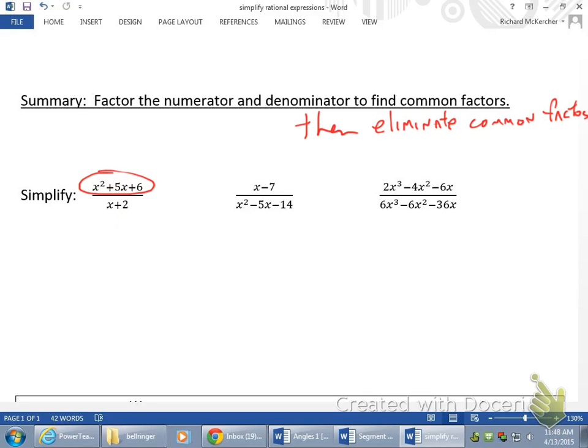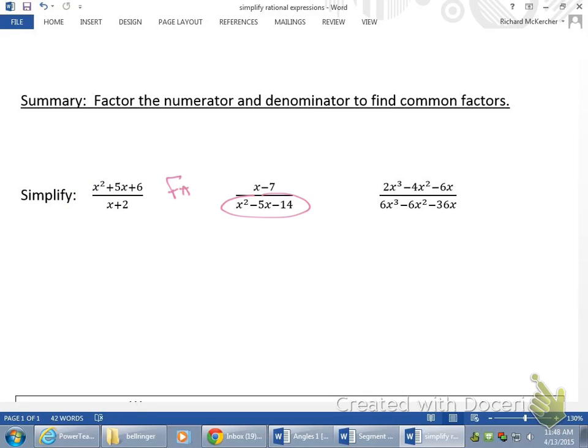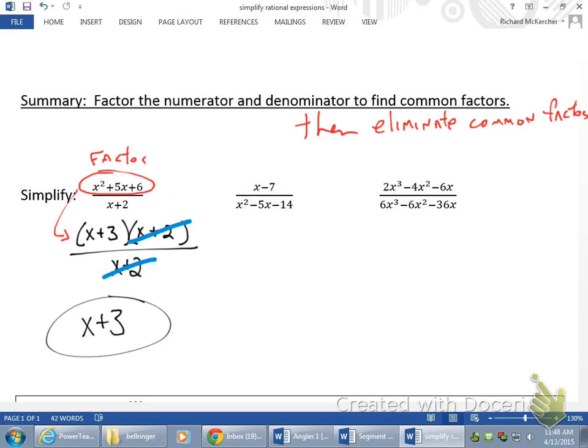So on this example here, we're going to factor the numerator. And the numerator factors into these two binomials. And then we recognize that these two are the same. So I can cross out those common factors, and I'm left with x plus 3.